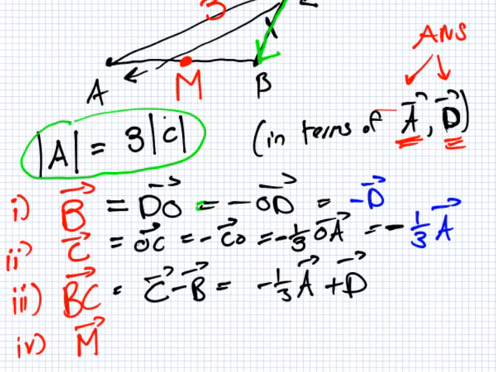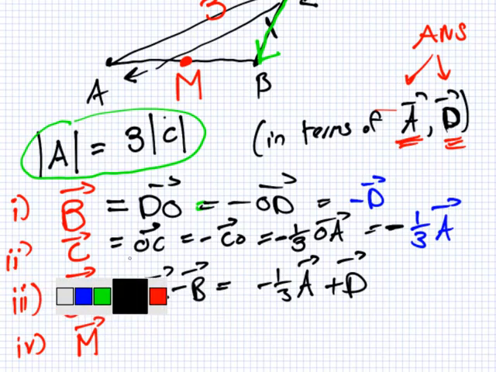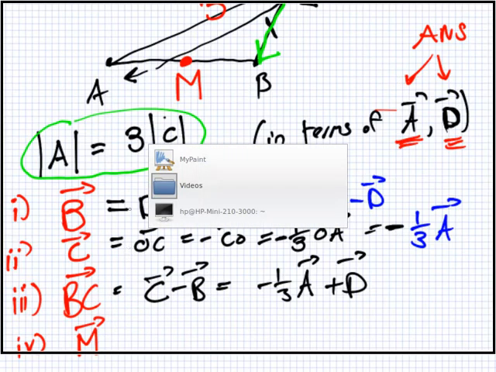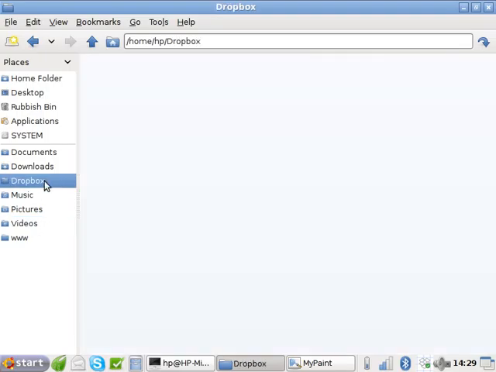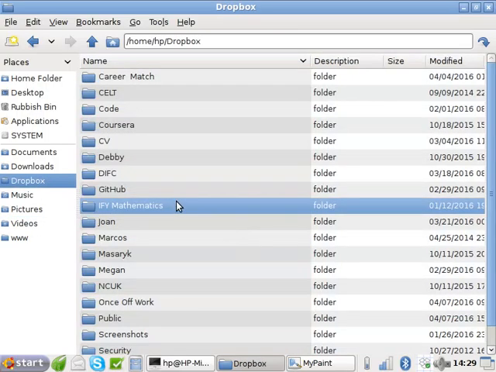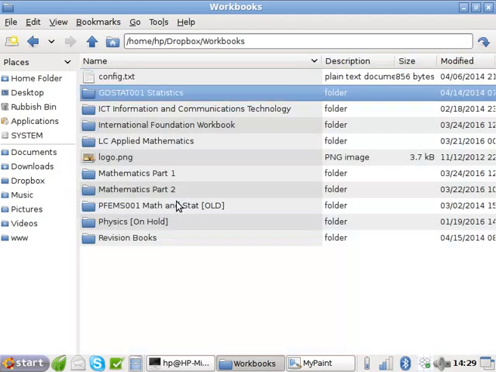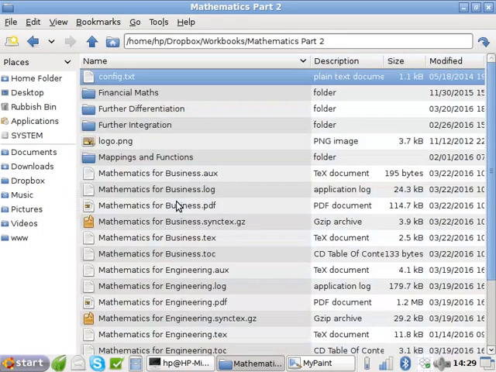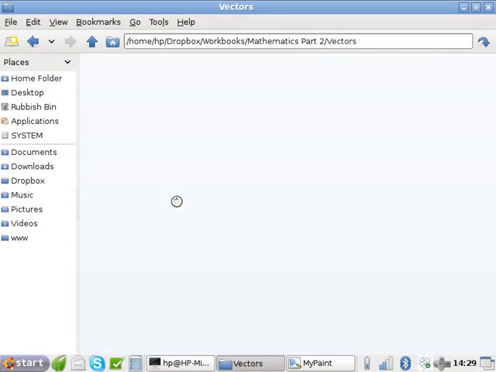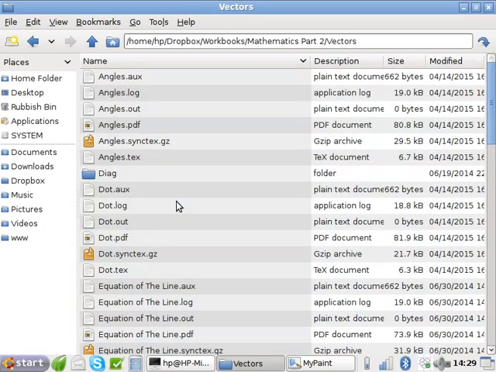You define M in terms of A. So the question you want is BC? I want M. And M is the middle of AB.